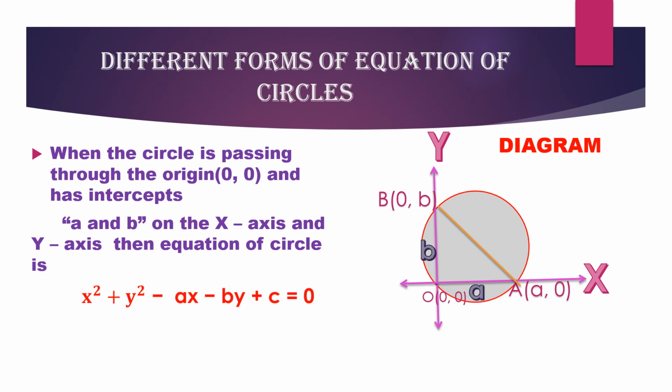We observe that the circle is passing through the origin (0, 0) and has intercepts a and b on the x-axis and y-axis. Then the equation of the circle is x square plus y square minus ax minus by plus c equals 0. Here the center of the circle is (a by 2, b by 2). This is the midpoint of the points A and B. This is one of the forms of the equation of a circle.